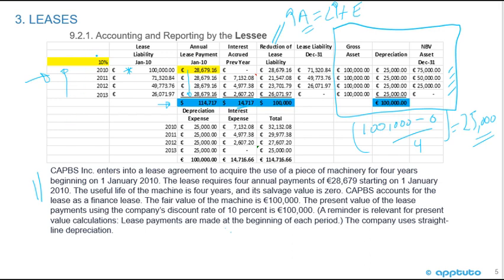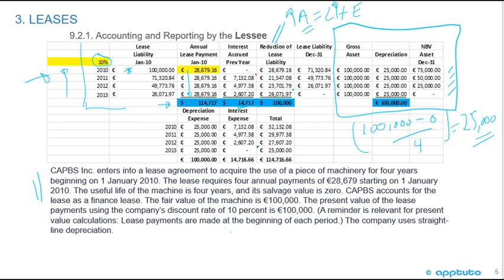And the interest is at a rate of 10%, okay? So we can see that if the liability is 100,000, and I paid 114,717, then I've got interest. It's going to be 14,717 in interest, okay?